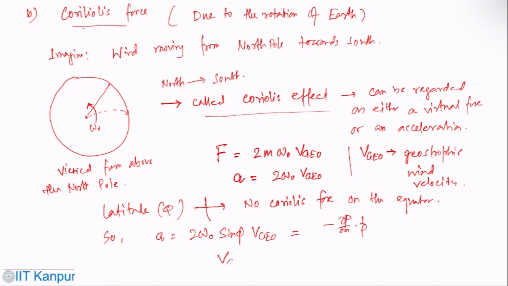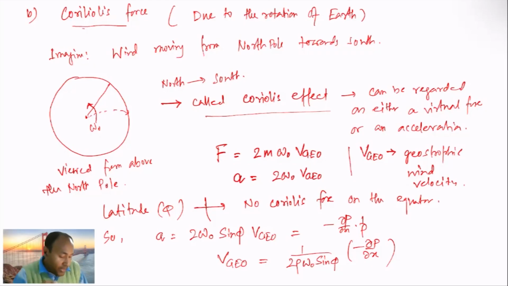So we get v0 equals 1 by 2 rho omega naught sine phi into del p by del x. So this is what you obtain as the geostrophic wind velocity.